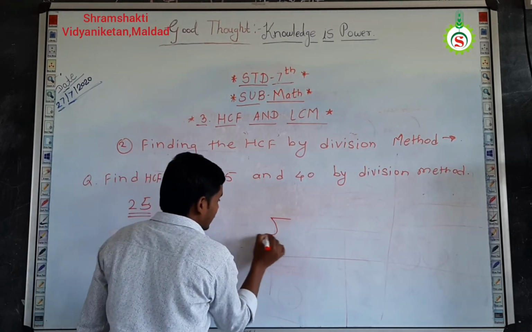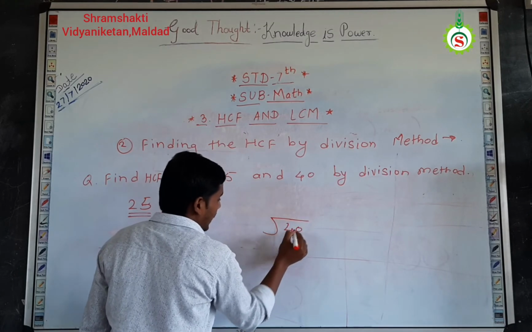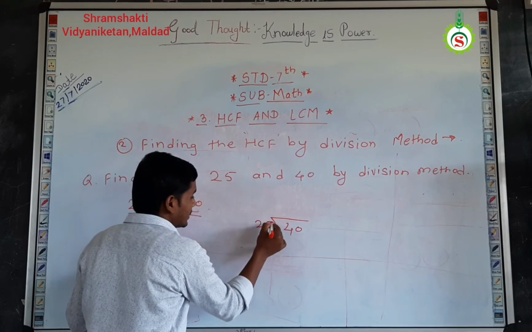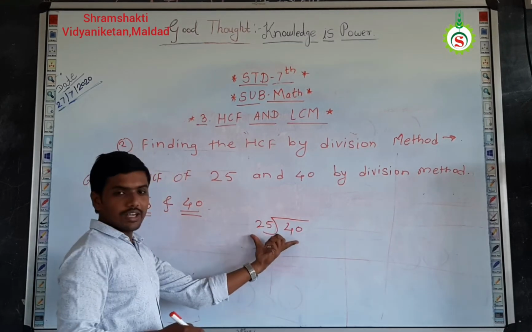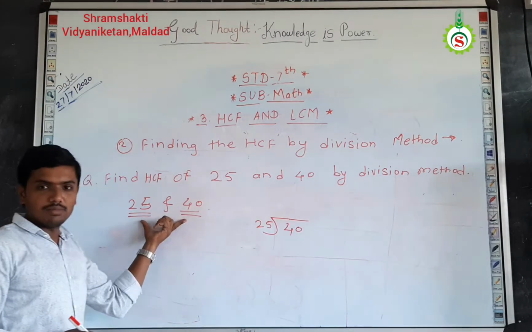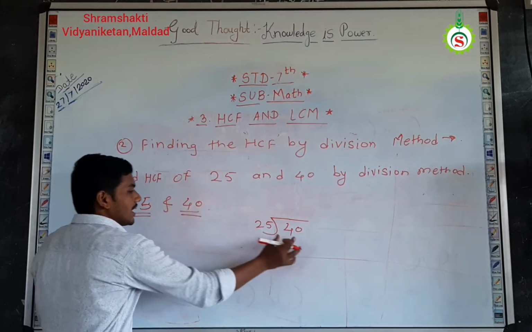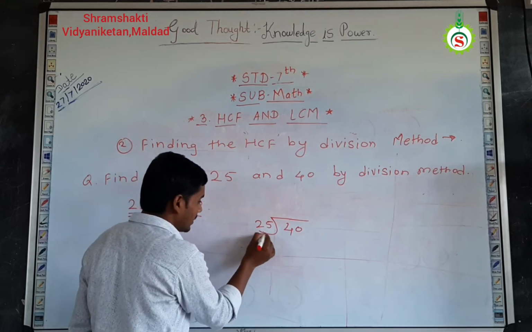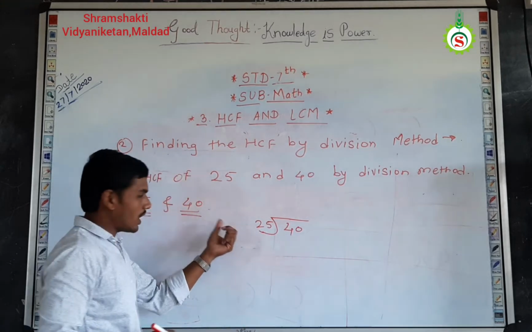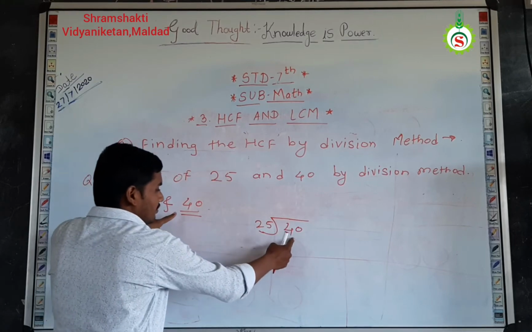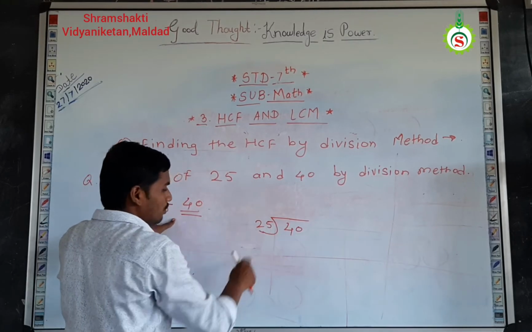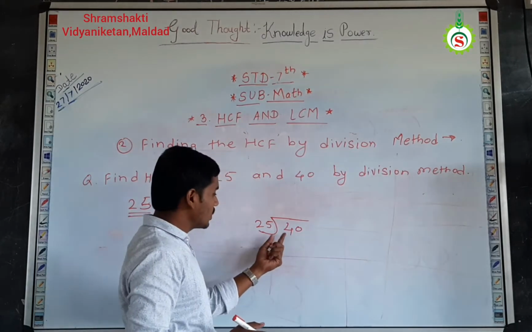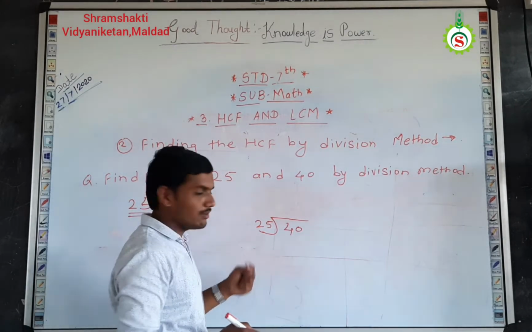The larger number is always the dividend and the smaller number is always the divisor. So for the division, larger number is the dividend and smaller number is the divisor. Now if I want to take the division of those two numbers, 40 divided by 25.